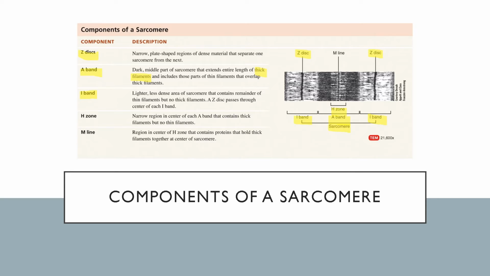There's a narrow H zone in the center of each A band that contains thick filaments, but no thin filaments. A mnemonic that will help you remember the composition of the I and H bands is that the letter I is thin, and so there's only going to be thin filaments in this area, whereas the letter H is thick, so there's only going to be thick filaments in this area.